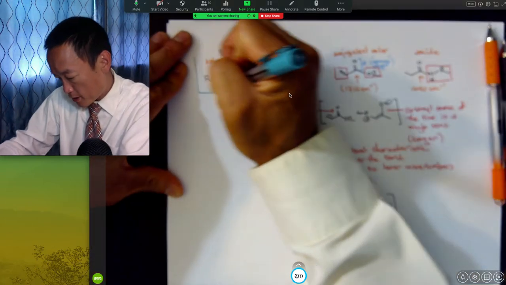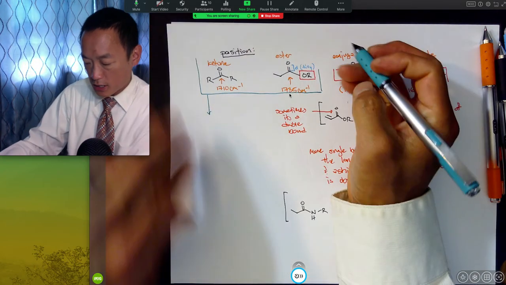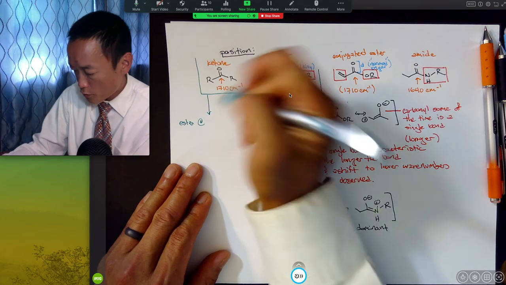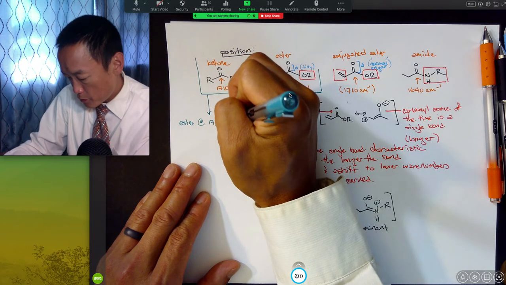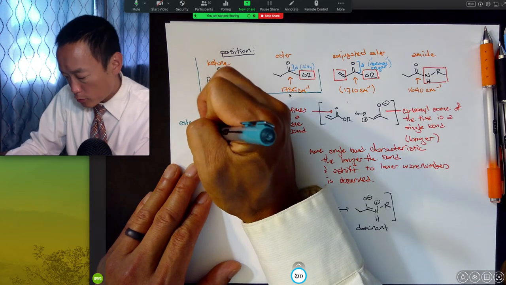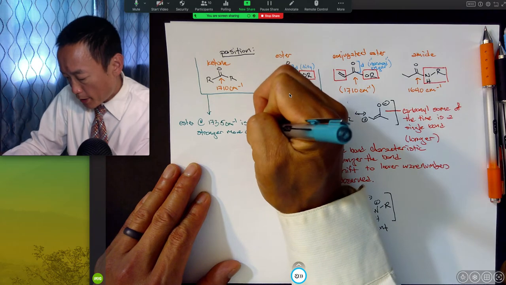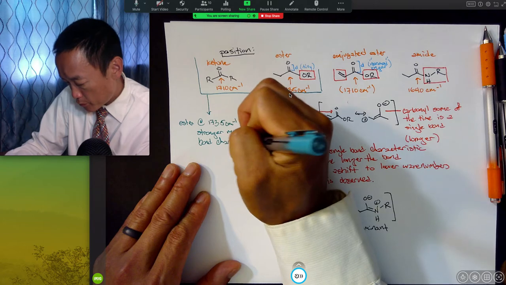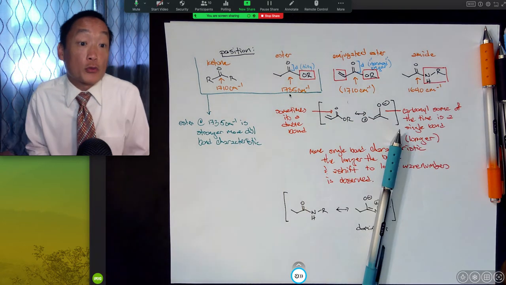When comparing these two right here, it's suggesting that the ester, which is at 1735, is stronger, with more double bond characteristic to it.